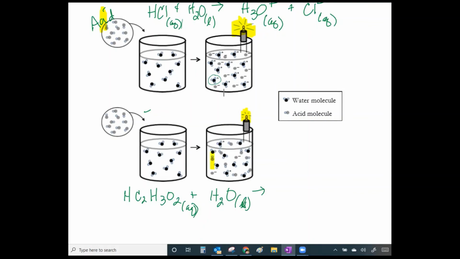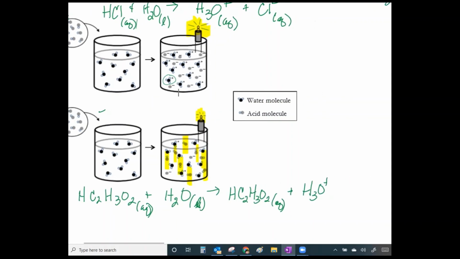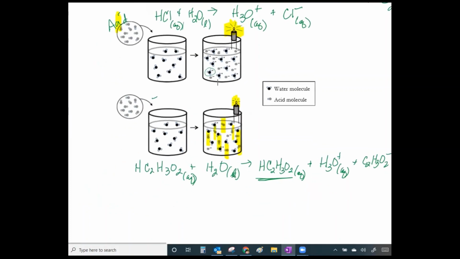Here's one vinegar, here's 2, 3, 4, 5, 6, 7, 8 of them are still vinegar. So you're going to have some of them that stay undissociated or un-ionized, and then you'll have a few that will ionize. But this is what you're going to see the most of.